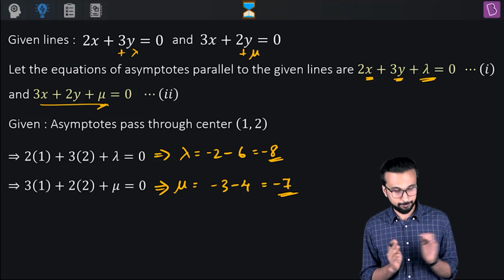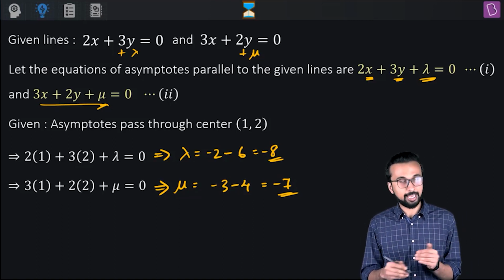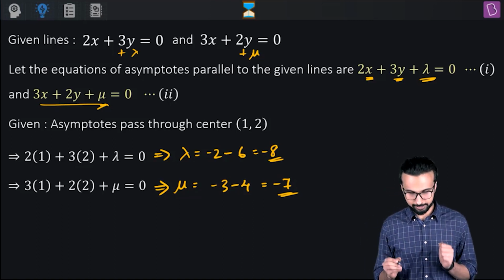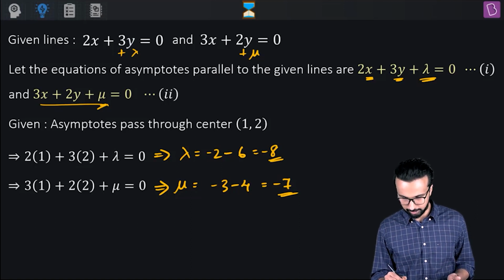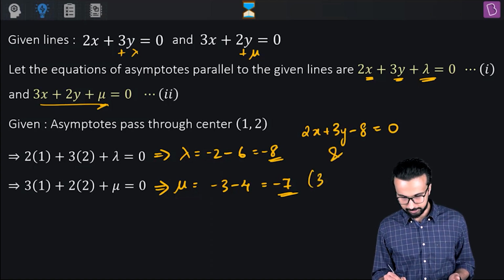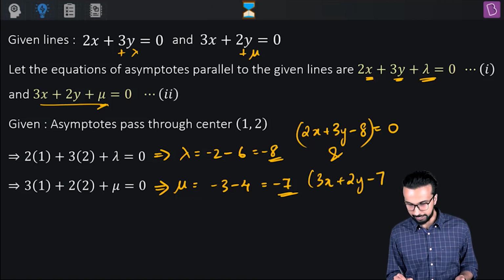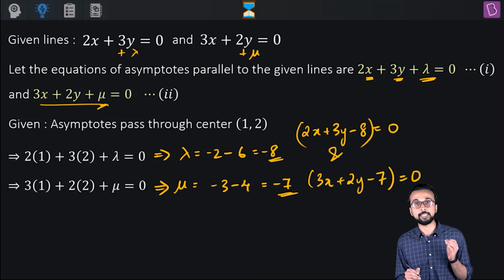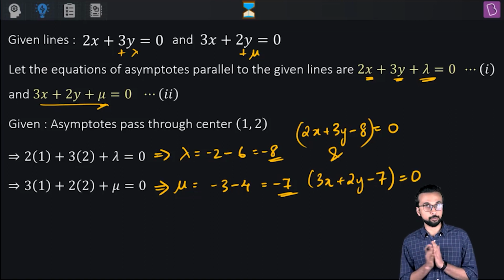Now we have the asymptotes equation. Basically, my asymptotes are 2x plus 3y minus 8 equal to 0 and 3x plus 2y minus 7 equal to 0. These are the asymptotes I have.